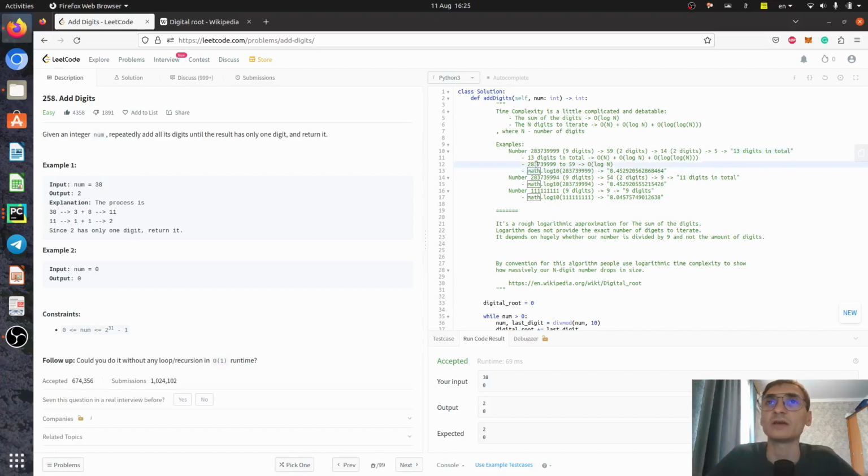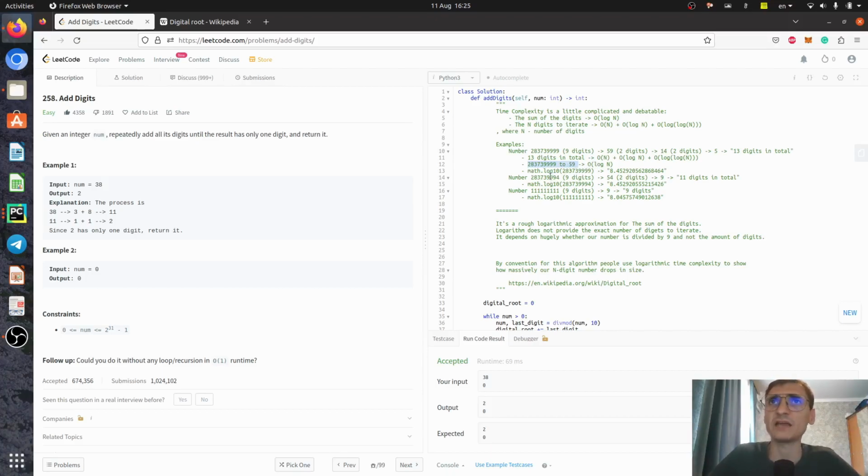When we take this huge number and apply summation to get a 2-digit number, you can see that our initial number drops massively, and our time complexity is going to be approximated to be logarithmic, or O(log n).